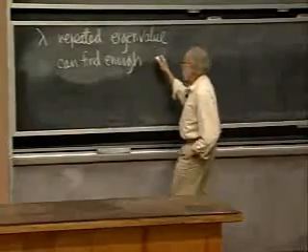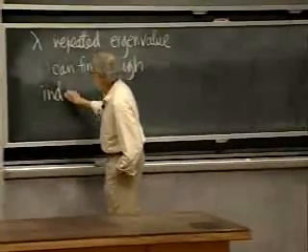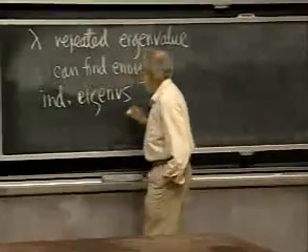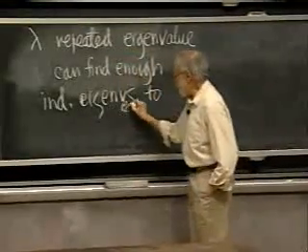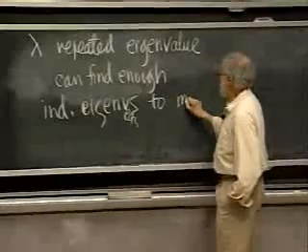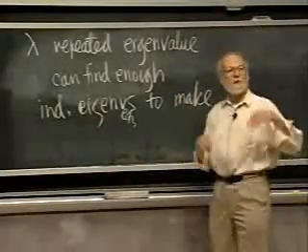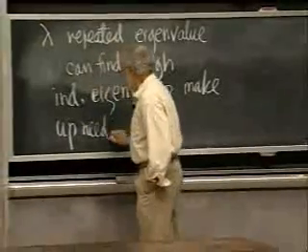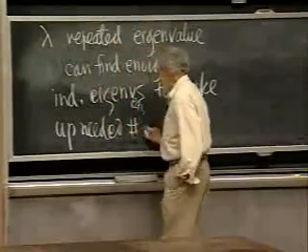You can find enough independent eigenvectors to make up the needed number of independent solutions.